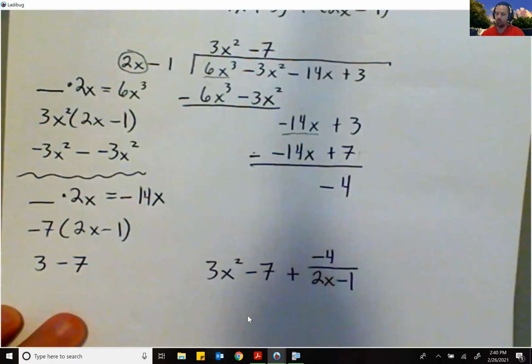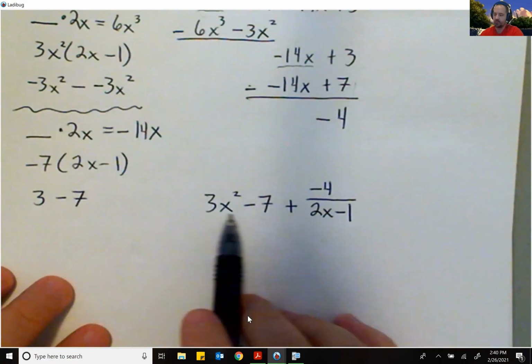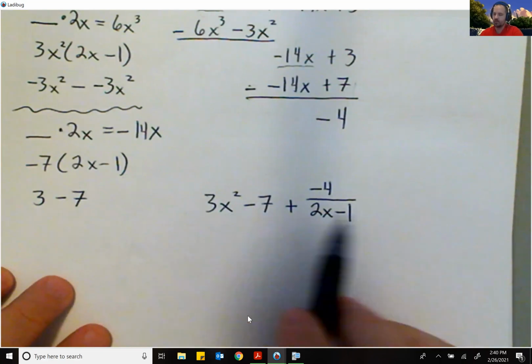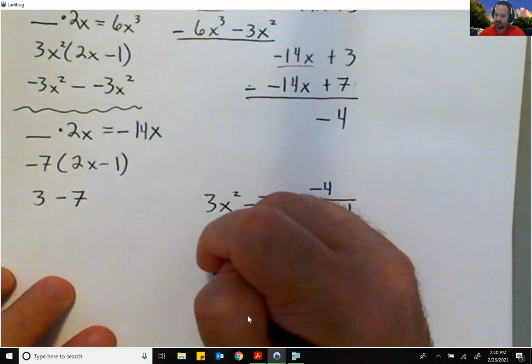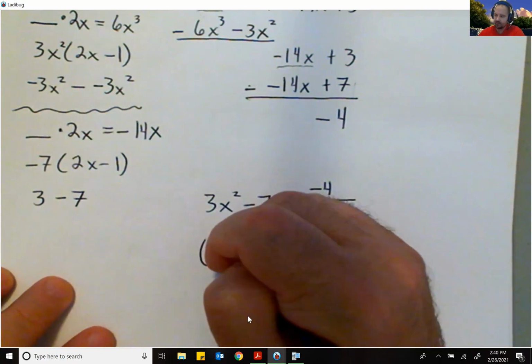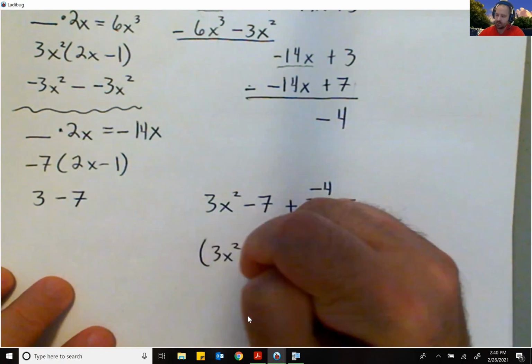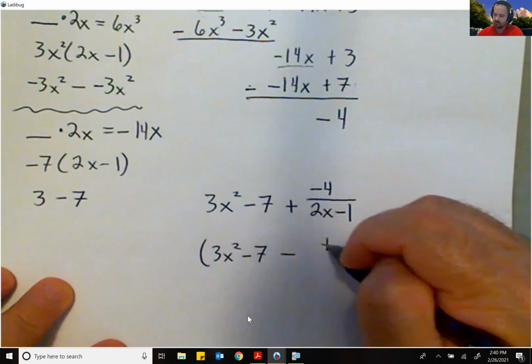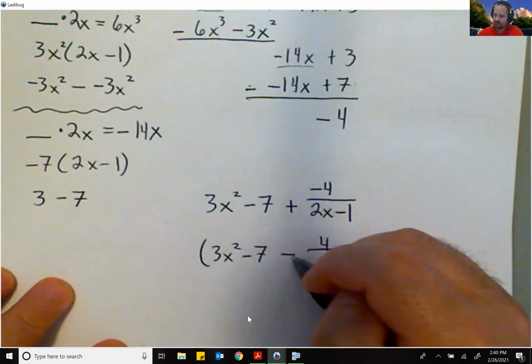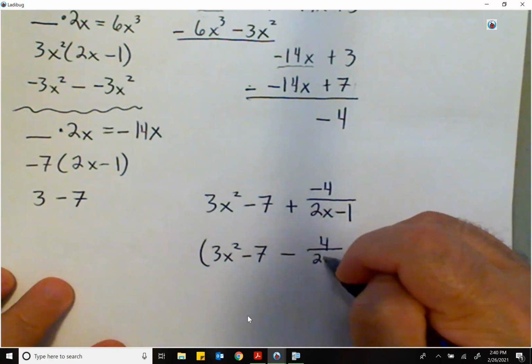So that is one way to write it. Remember, this is what we call the quotient. This is what we call the remainder. Or, again, as we just said, this is A-OK as well. Because this is a negative, we can move that to the front, and it's minus 4 over 2x minus 1.